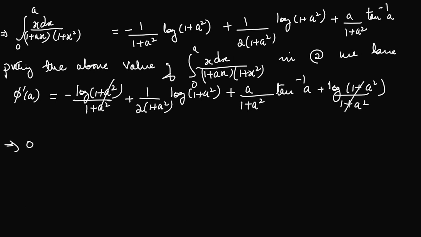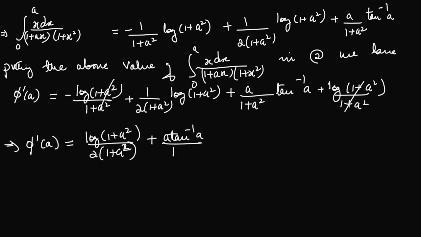So what we have now is phi prime of a is equal to log of 1 plus a square divided by 2 times of 1 plus a square, then plus a tan inverse of a by 1 plus a square. Now see, this one gives you the value of phi prime of a. Just to get back phi of a from here, you need to integrate both sides with respect to a.